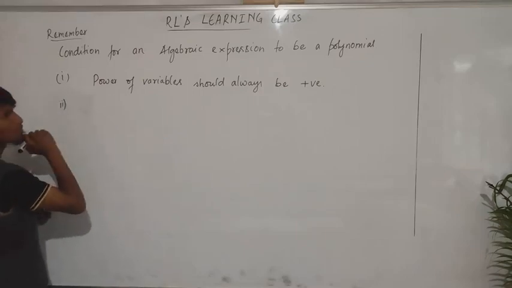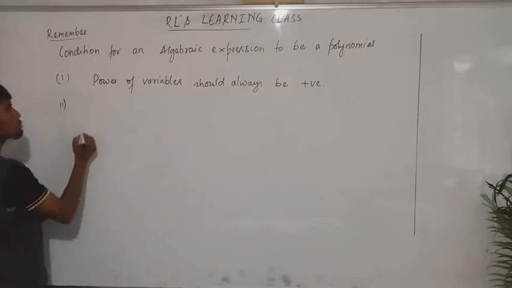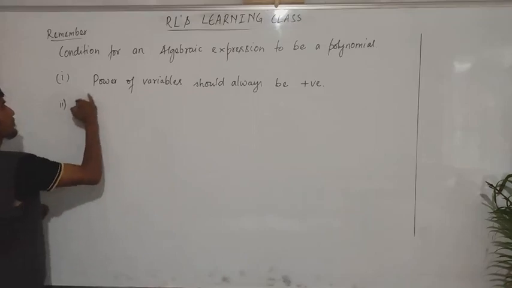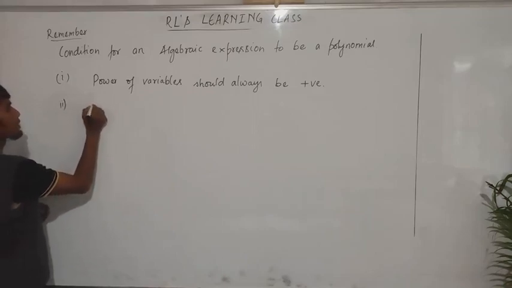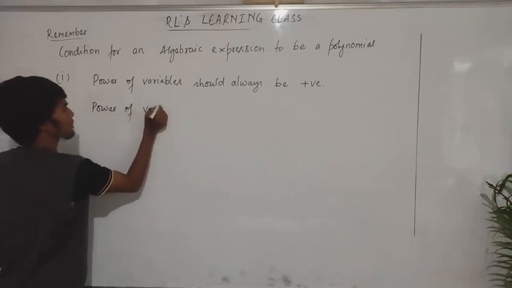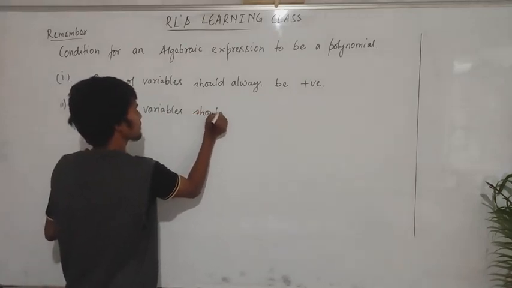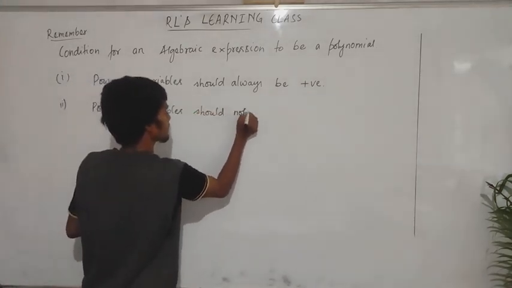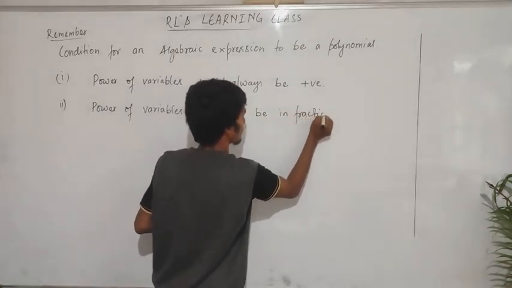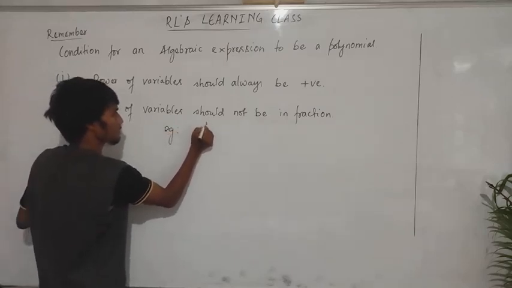One more. Variable should not be under root. The power of variable should not be in fraction. Example, like x to the power 1 by 2.